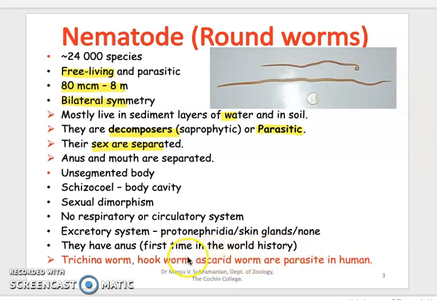And they have a distinct anus; for the first time in the animal kingdom you can see a distinct anus when we come to this phylum. These are a few examples: trichina worm, hookworm, ascarid worm. These are parasitic in humans. So these are a few parasitic nematode worms that we see.